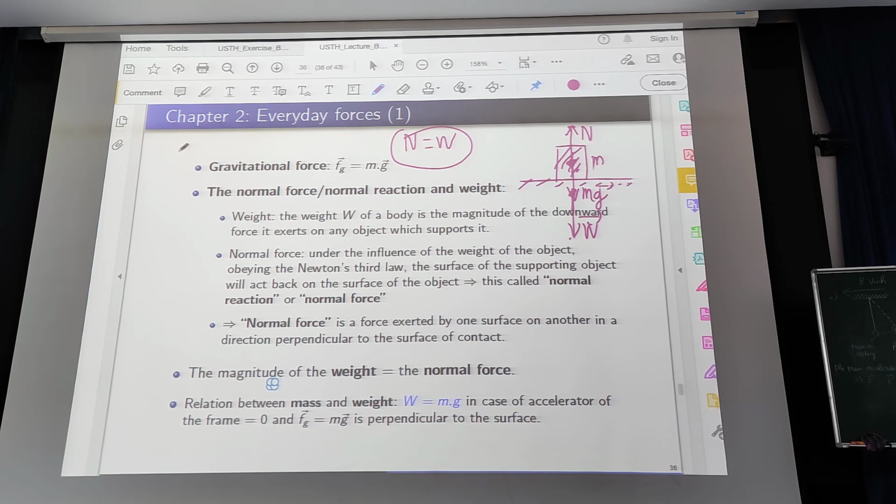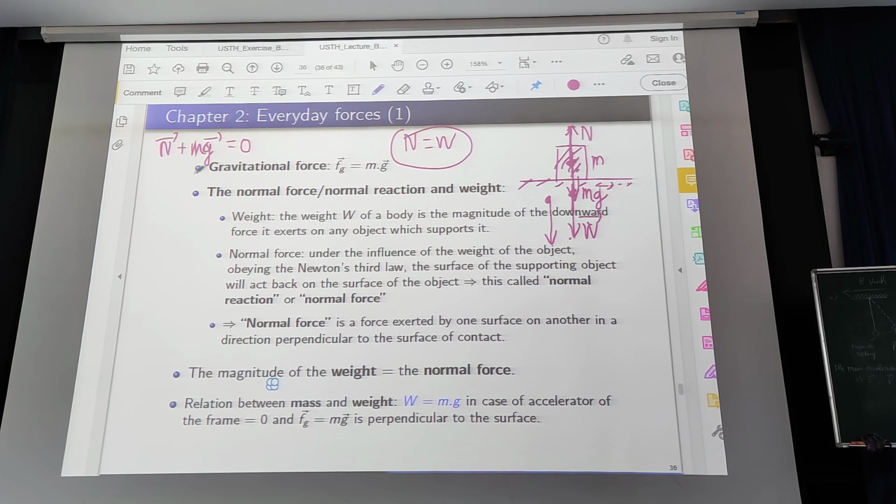So the second law of Newton says that N plus mg equals 0. Remember, weight is a force acting on the floor, but not on the object, so you don't count it when you consider the forces acting on the object. Agree? Only these two forces act on the object.